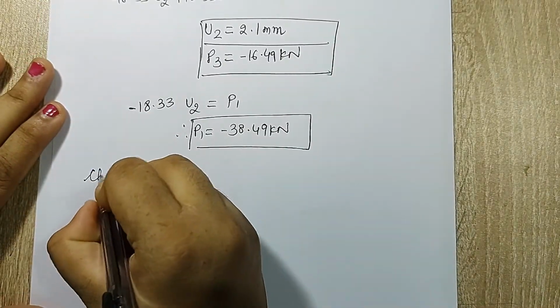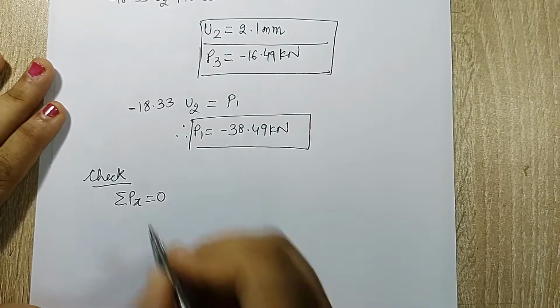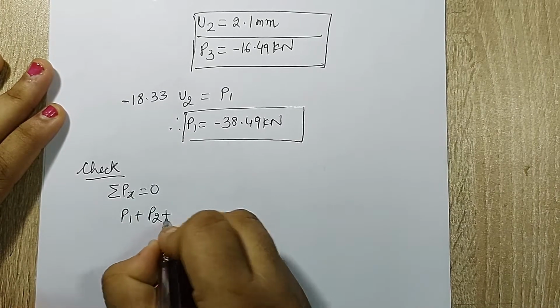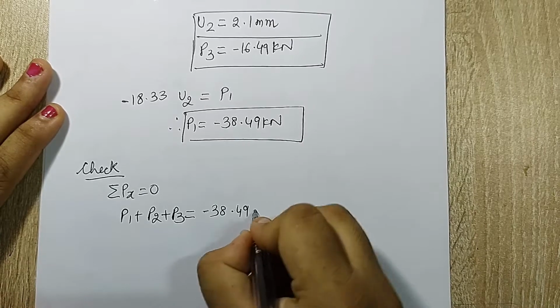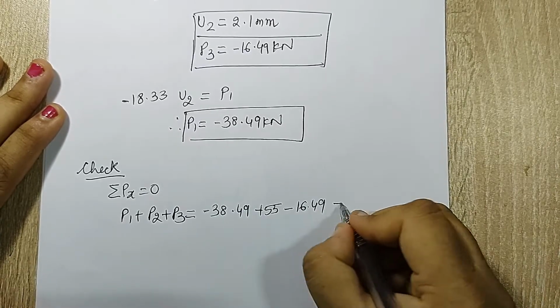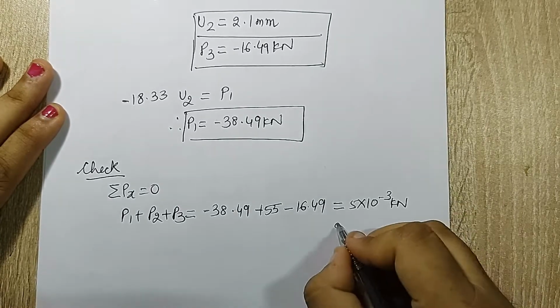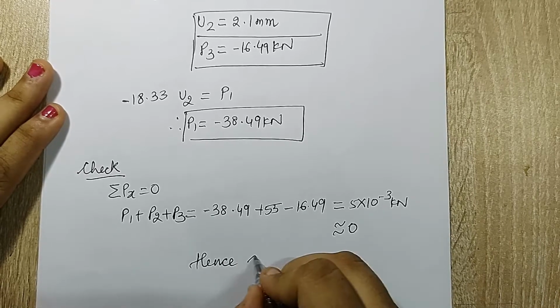Now I'll go for the check step, where I'll write summation of force in x direction is 0. I need to add P1 plus P2 plus P3. I have minus 39.49 plus 55 and minus 16.49. I get this value as 5 into 10 raised to minus 3 kilonewton, which is approximately equal to 0. Hence, checked.